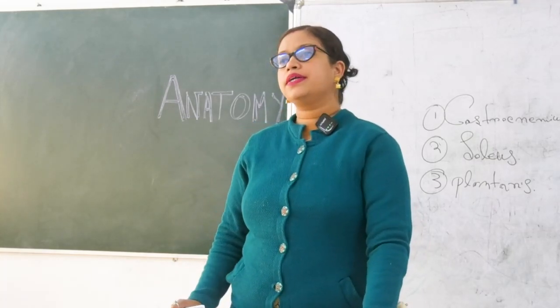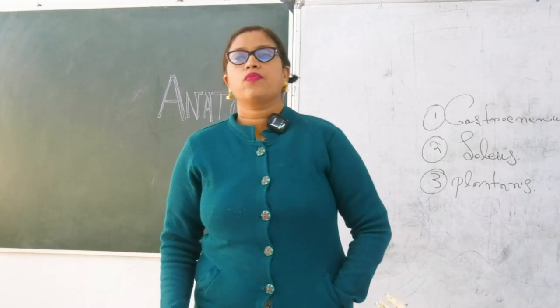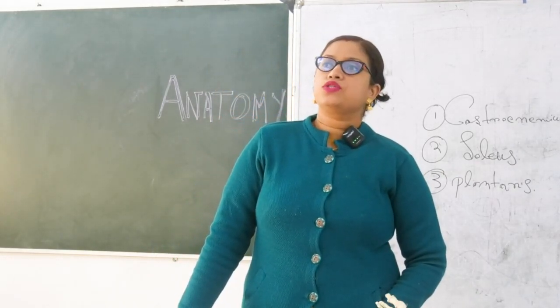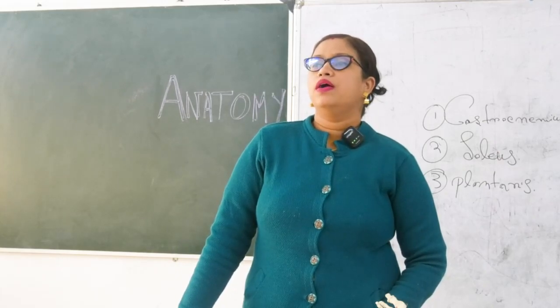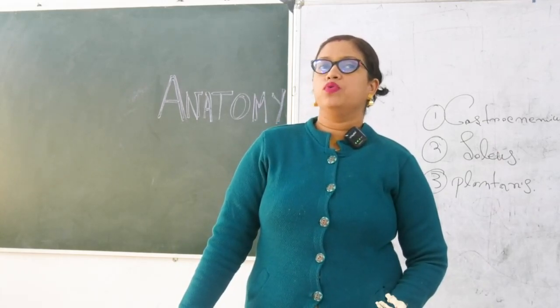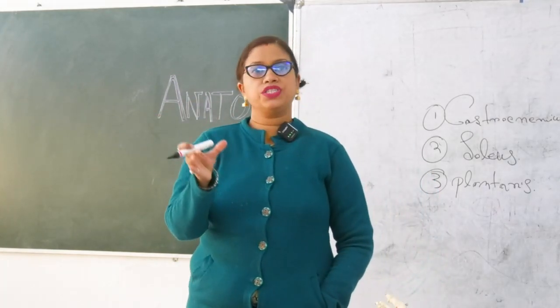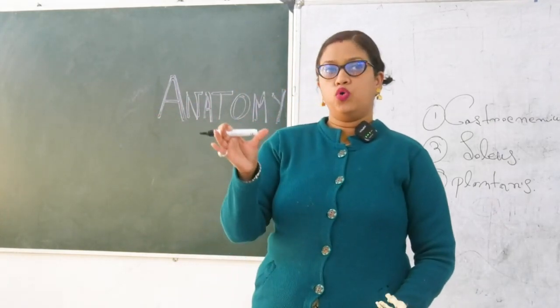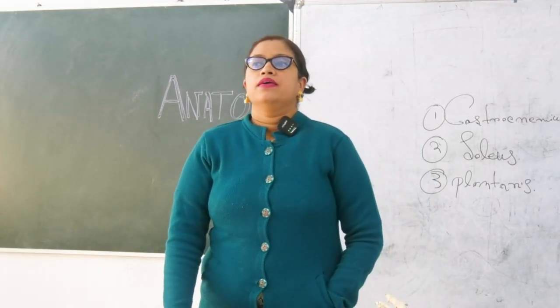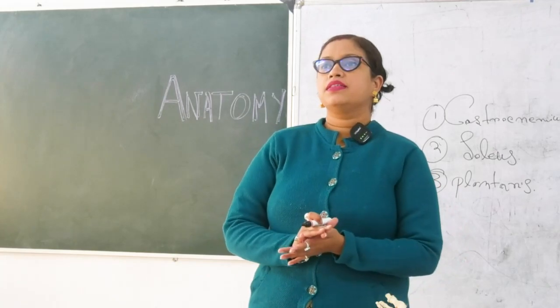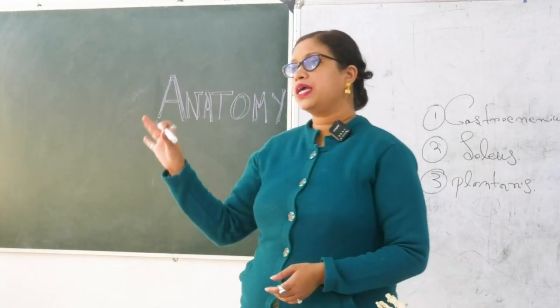Write it down. It is inserted on the posterior surface of the upper one-fourth of the fibula, the anterior lamella, which is attached to the bone. So these are the gastrocnemius and soleus.